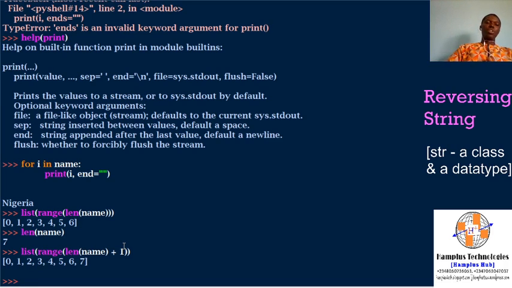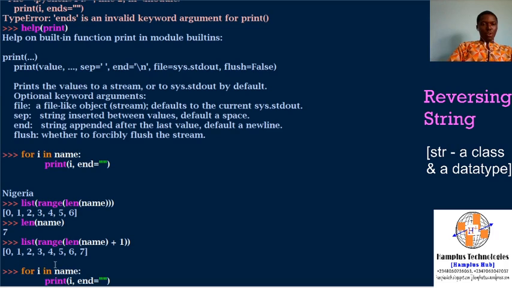And in a situation like this, I'll replace this with the range of this, and print not i this time, but name i.